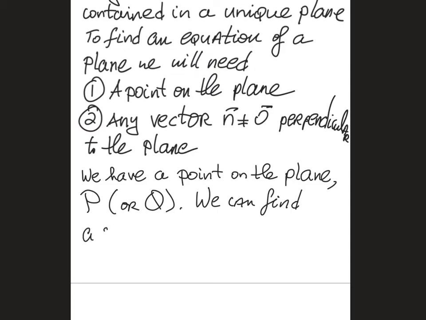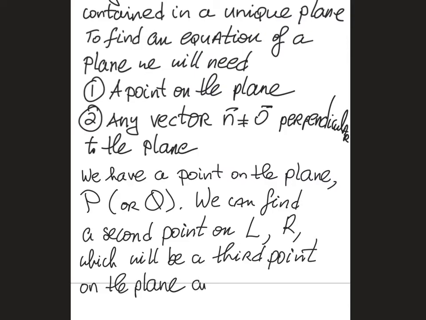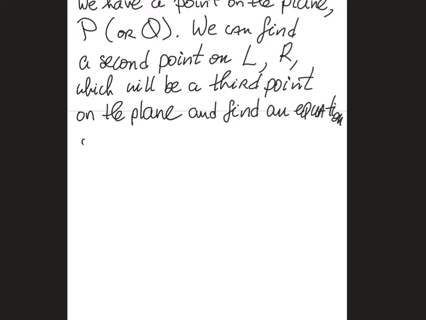We can find a second point on the line, call it R. That would make it 3 points on the plane, P, Q, and R. And then we can proceed and find an equation of a plane that contains three non-collinear points. We did an example like this earlier.